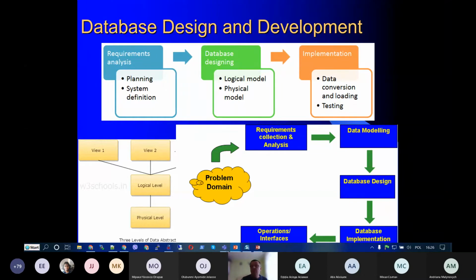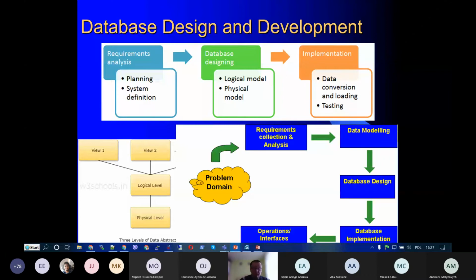What is important to know is that during requirements collection and analysis, we have to summarize various external representations of data. As noted at the bottom left side, each user who will work with the database, various users of various specialities, for example physicians of different specialities, have their own requirements and their own vision about how data has to be represented for them.